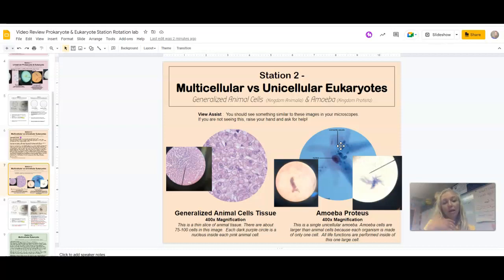They kind of drag themselves along whatever surface or water they are in, and engulf their food. They're very large for unicellular organisms, and they have some pretty clear organelles that are easy to see, but still the nucleus is the easiest and largest organelle to identify.